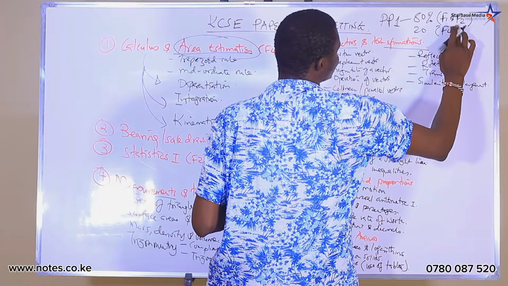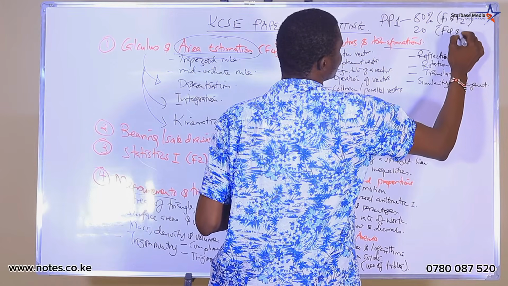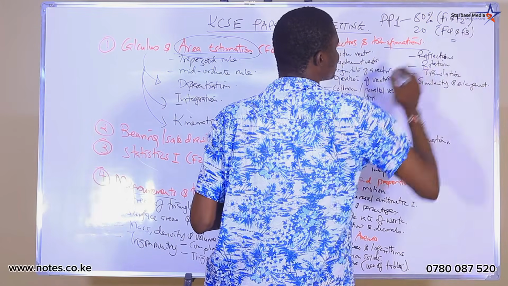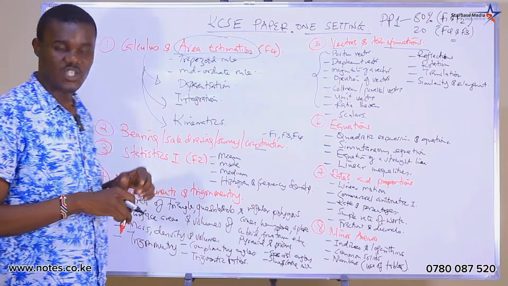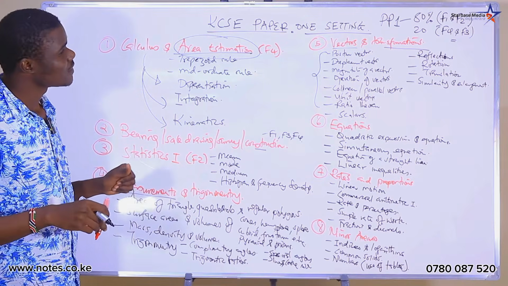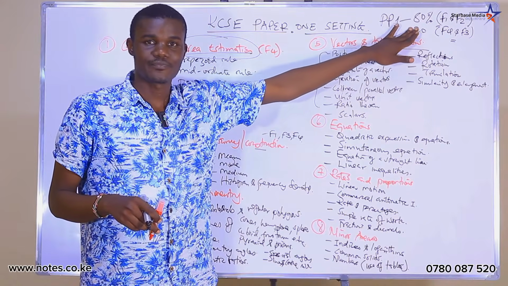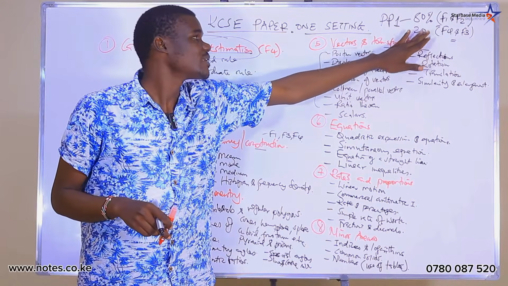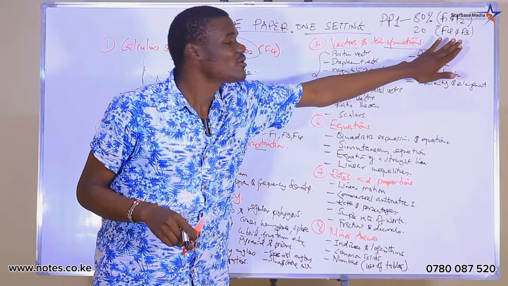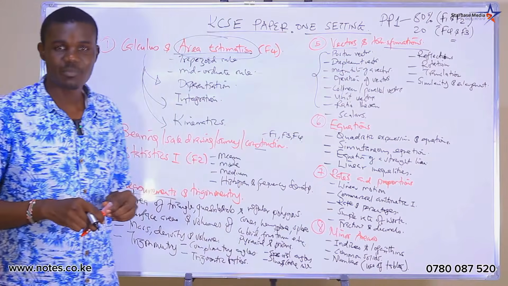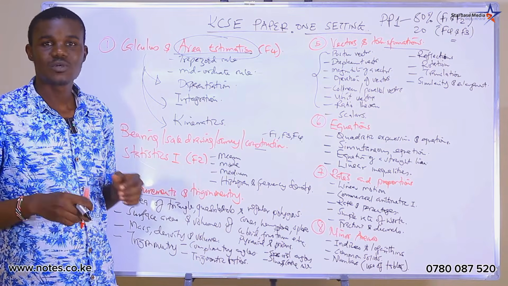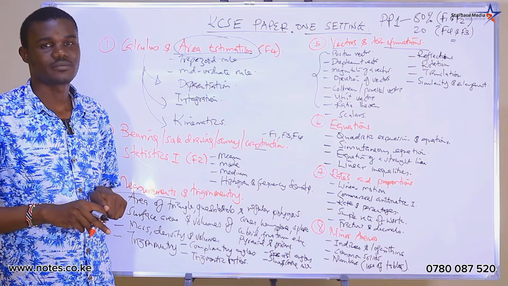So it means that a well prepared Form 2 student can score up to 80% of paper 1, and the 20% is left for Form 4 and Form 3. So this is a paper where you can actually score everything.